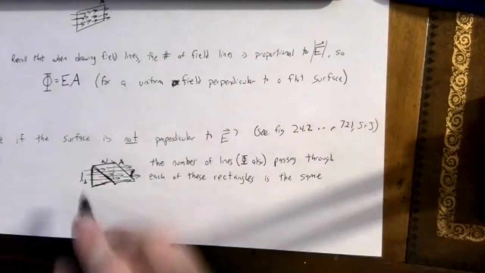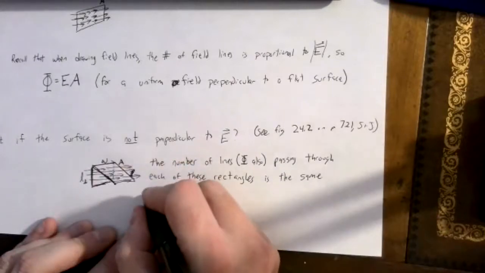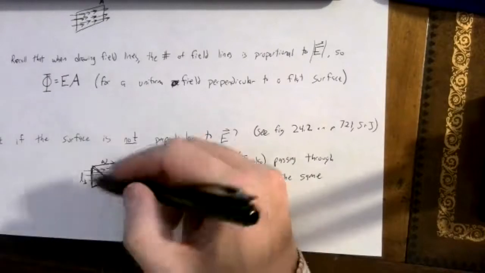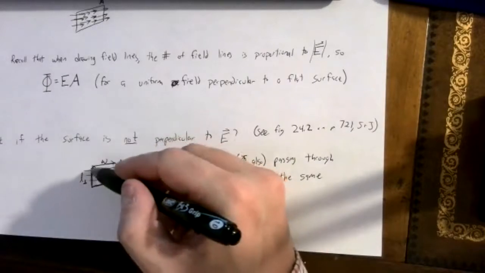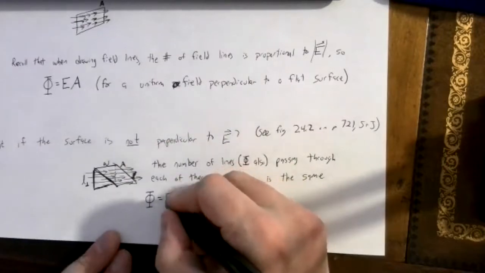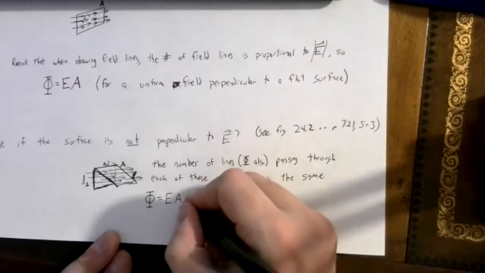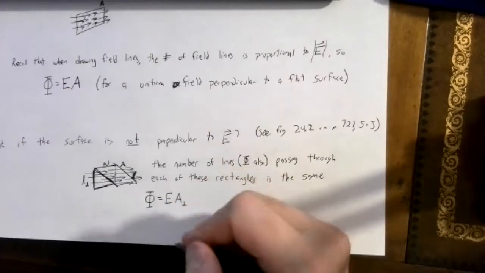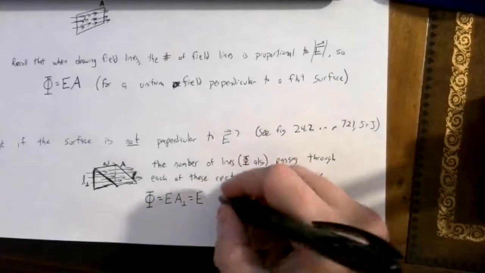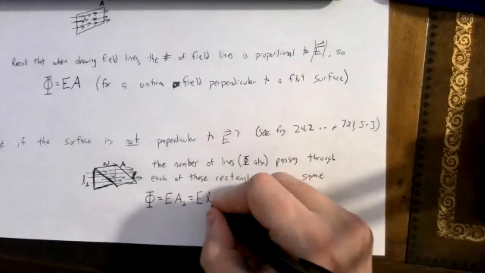So if we take a look at the flux, we can calculate it because it's got to be equal to the electric field times the area of the perpendicular rectangle, which is just the electric field times the perpendicular length times the width.